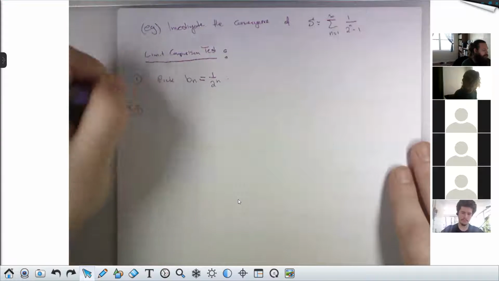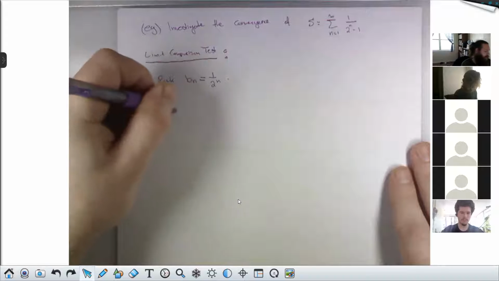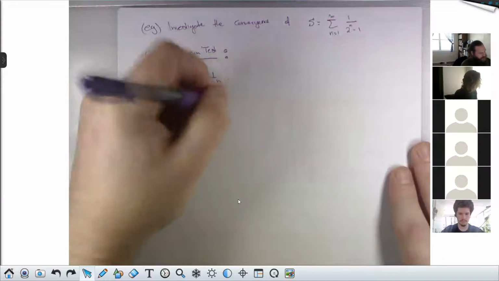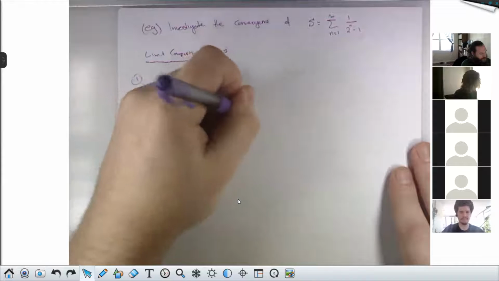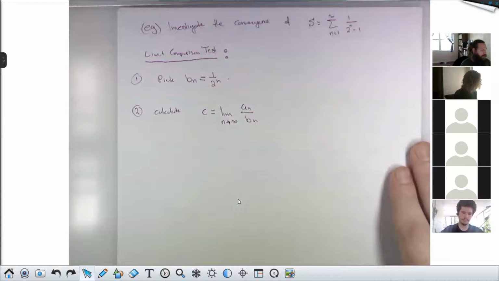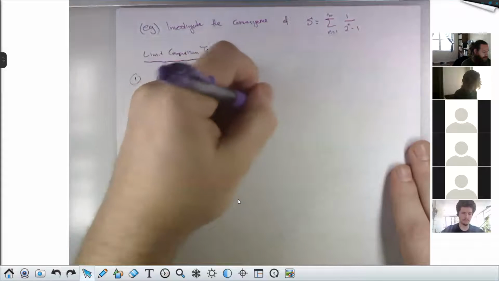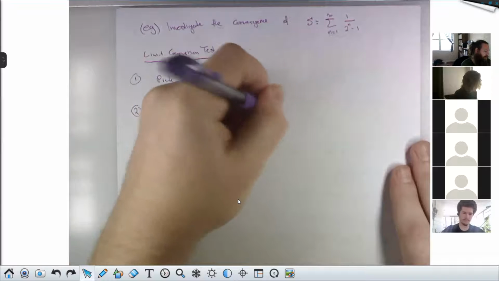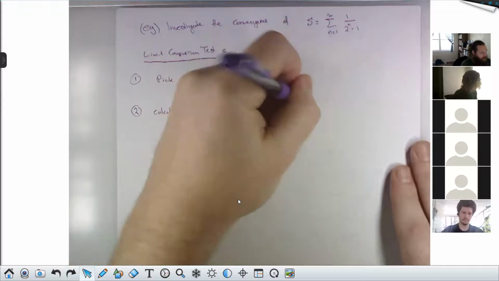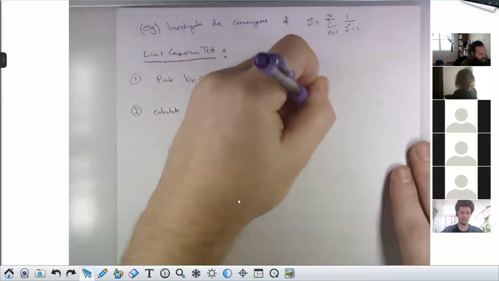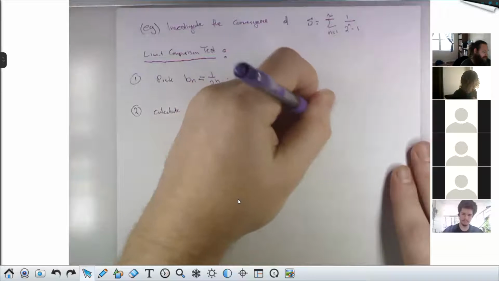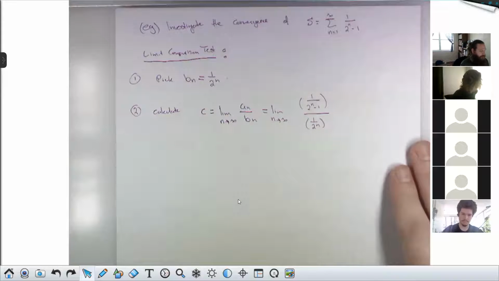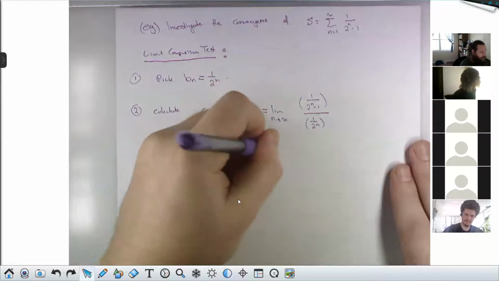So first you pick Bn. Second, you calculate C as the limit as n goes to infinity of an over Bn, which in this case will be the limit as n goes to infinity of 1 over 2 to the n minus 1 divided by 1 over 2 to the n. And now we have to actually crunch out the limit. There's a little bit of work here.